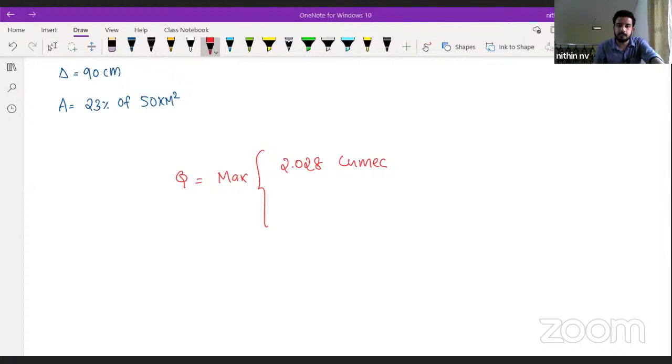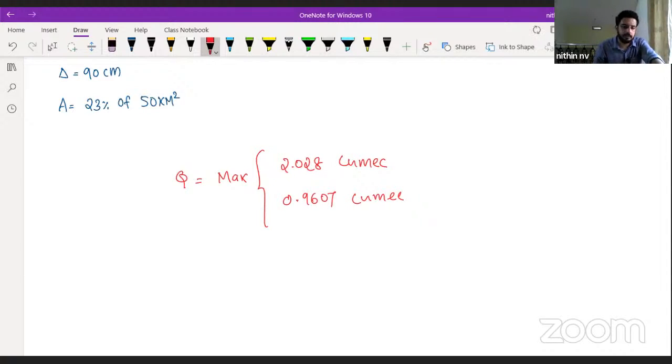And in the Rabi season, we will be having wheat plus sugarcane, nothing but 0.5864 plus 0.3743. We will be getting 0.9607. Are you getting the same? Approximately. Can you please comment, everyone?